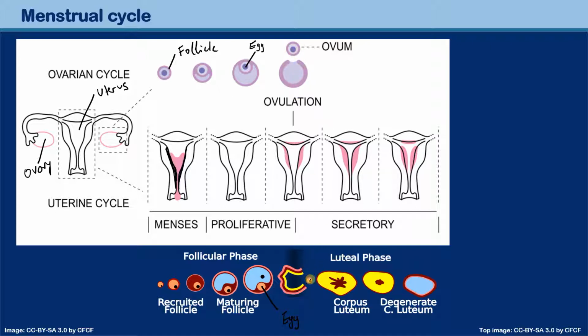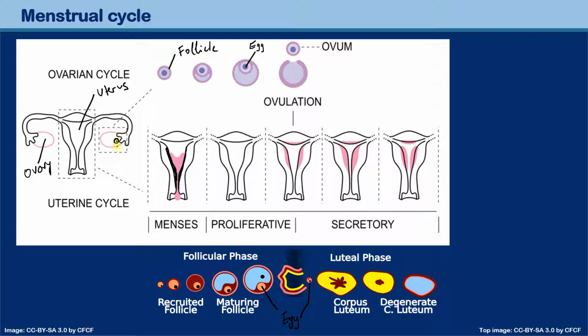And you also have it down here. So the egg cell, so that's basically also the egg cell. And you can see that the follicle pops open and the egg cell is released. And if you want to see it over here, inside the ovary over here you have the follicle.